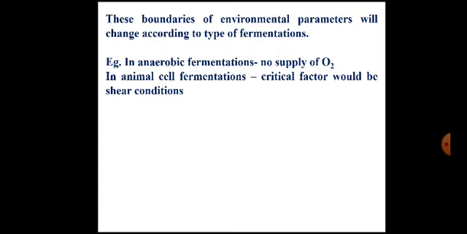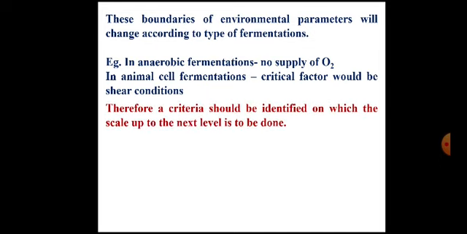So these boundaries of environmental parameters will change according to the type of fermentation. Say for example, in case of anaerobic fermentation, there will be no supply of oxygen, so dissolved oxygen concentration won't matter. But in animal cell fermentations, for example, the critical factor will be shear conditions. Therefore, these critical factors or criteria should be identified on which the scale up to the next level is to be done.